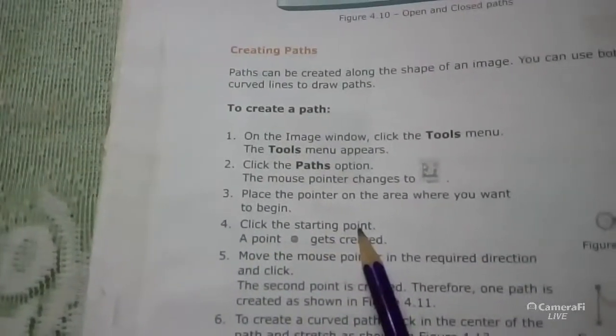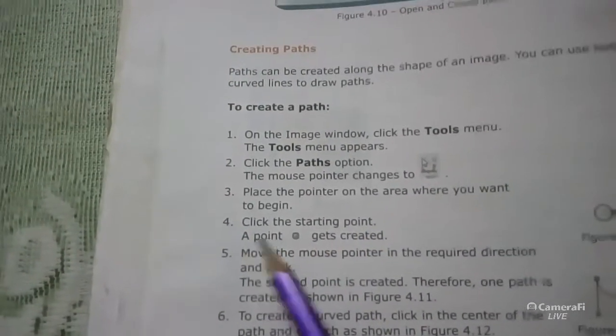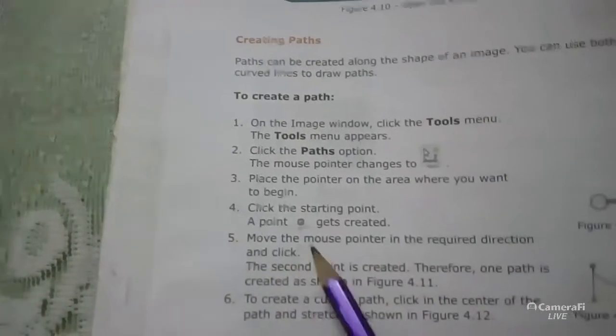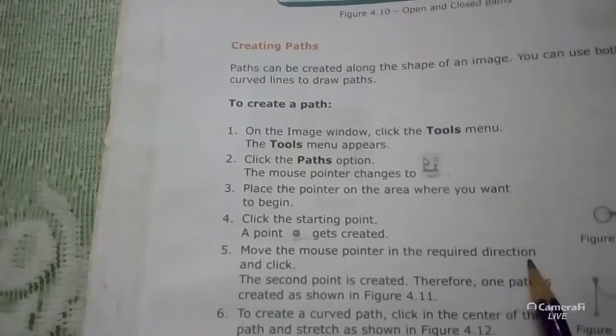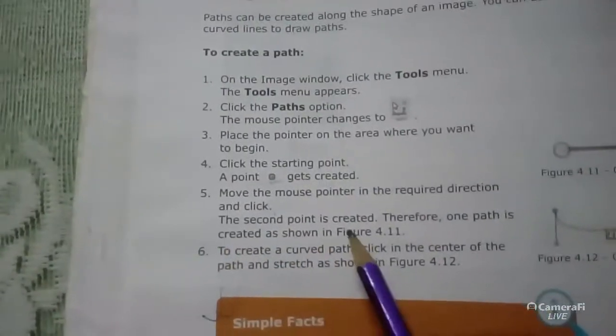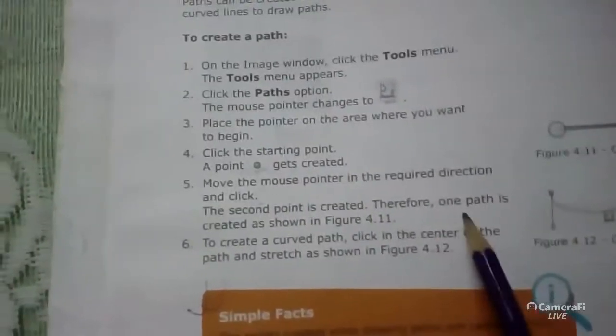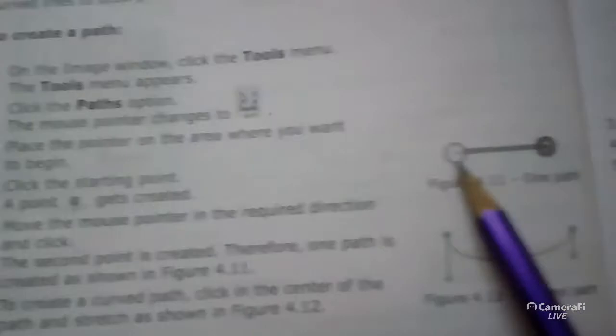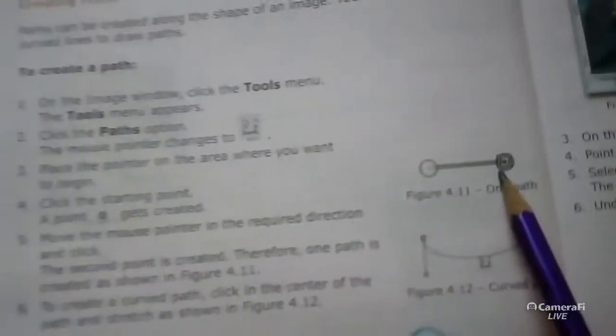Click the starting point, where you start, and the point will change like this. Move the mouse pointer in the required direction and click. The second point is created, therefore one path is created, as shown in figure 4.11.